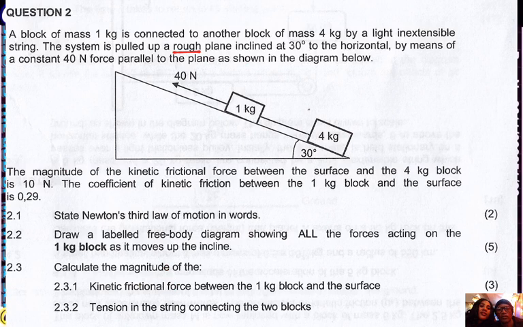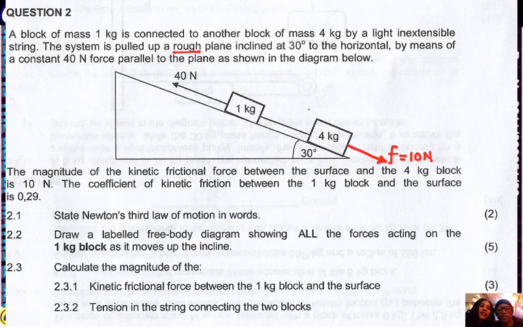Now, I don't care about what they're going to say, but here's the idea. Like I say, there is a force here pointing backwards there, which is going to be friction. In this case, it's given for that block. They told me it is 10 Newton. So that's good news.